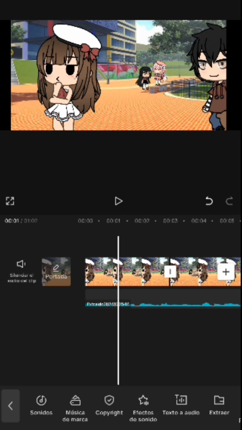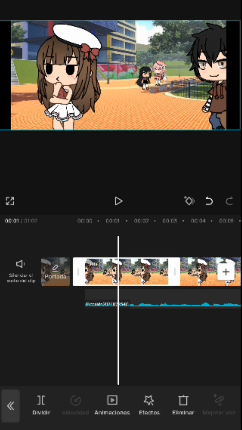I preferably use CapCut, like right here. So in this one, since they're walking, at least the boy, I'm going to make them short.